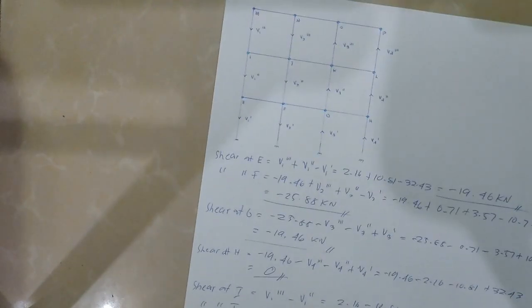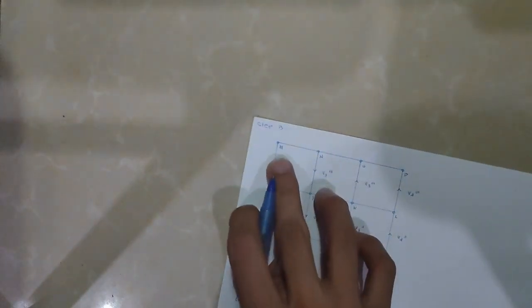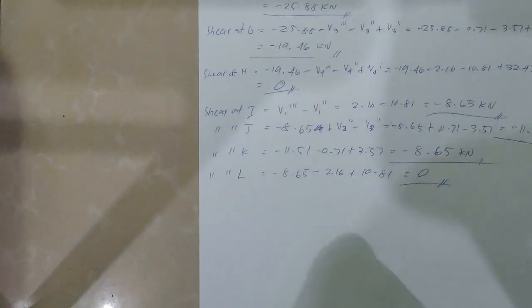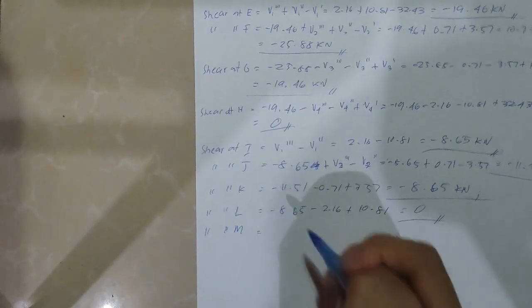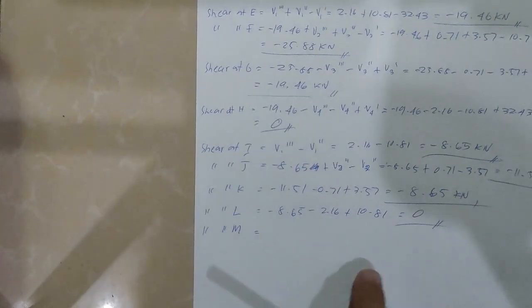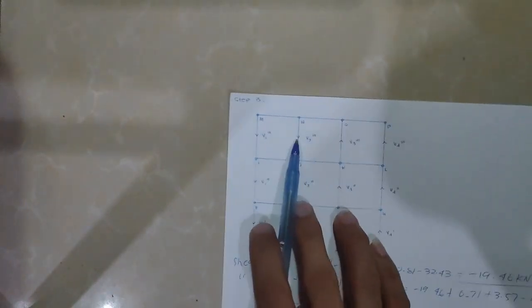So next step, a continuation, at M, N, O, and P. Shear at M is negative, since this is our point and the arrow is going away.